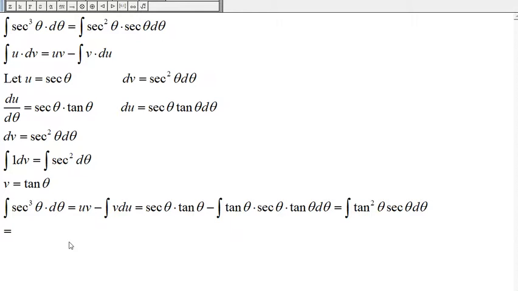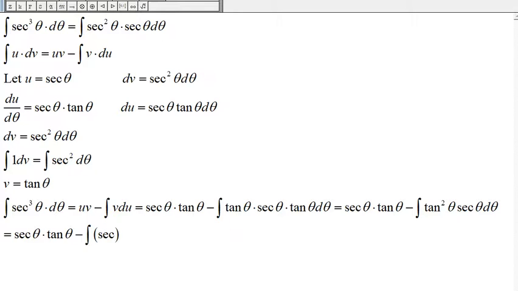Let's rewrite the tangent square of theta as secant square minus 1, because tangent square is secant square minus 1. And then we have secant theta d theta.